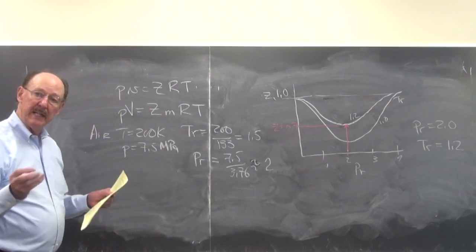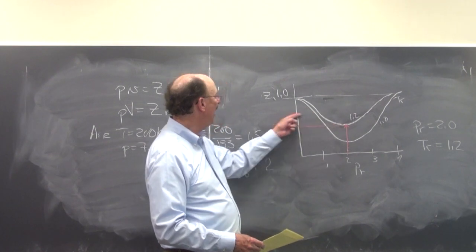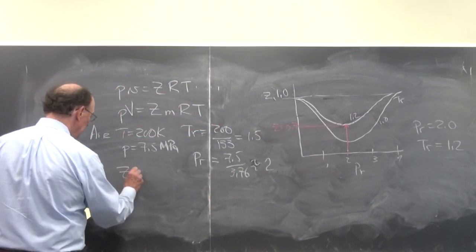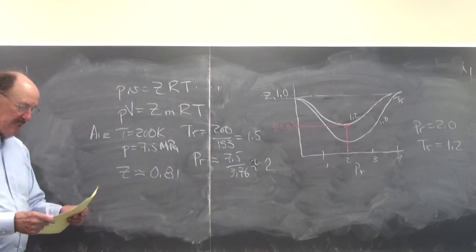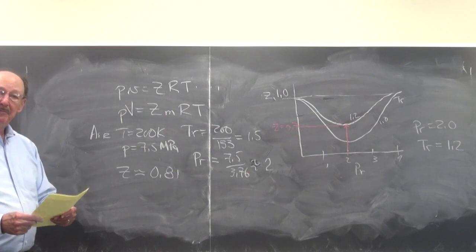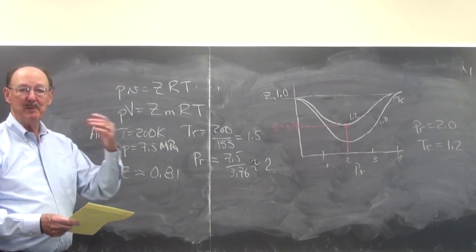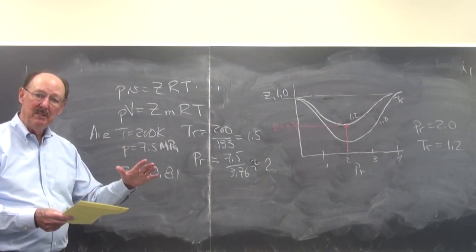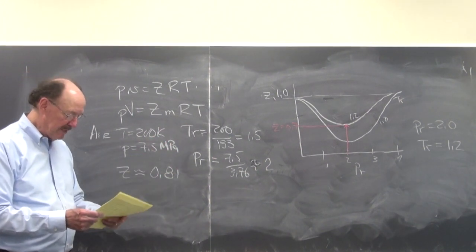So if I look in the chart, I go in at 2 and go up to 1.5 and read over, I get a value of Z. Z is about 0.81. And you notice there's some variability. If I get 0.81, you might get 0.82 or 0.8 or whatever. So it's not perfect, but it's close, and it does account for the compressibility.